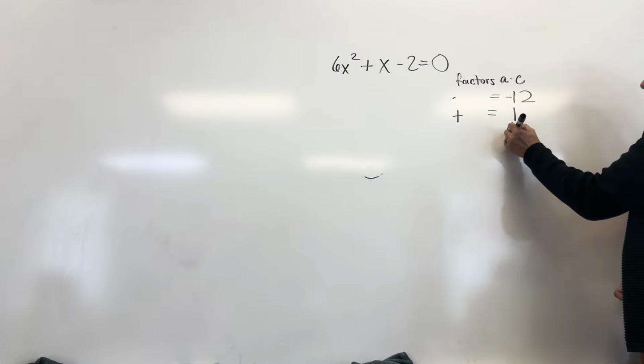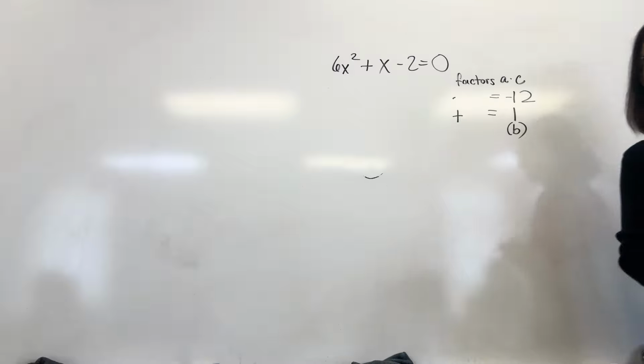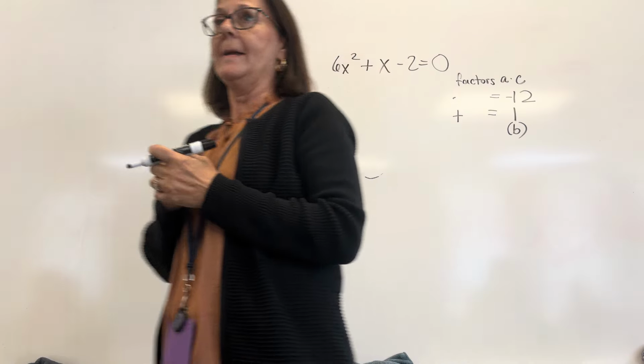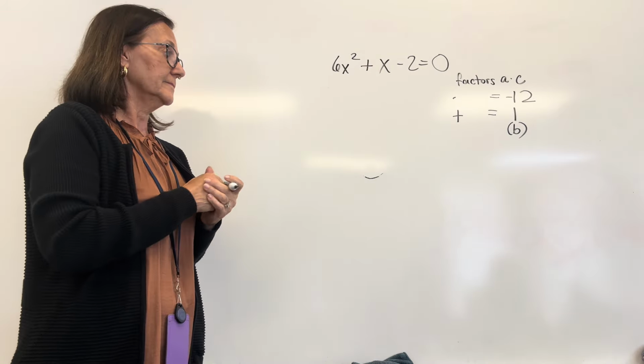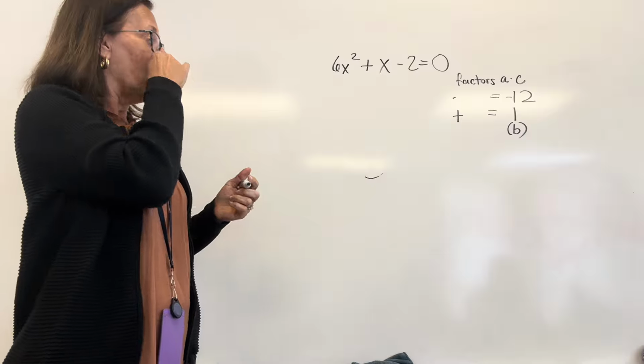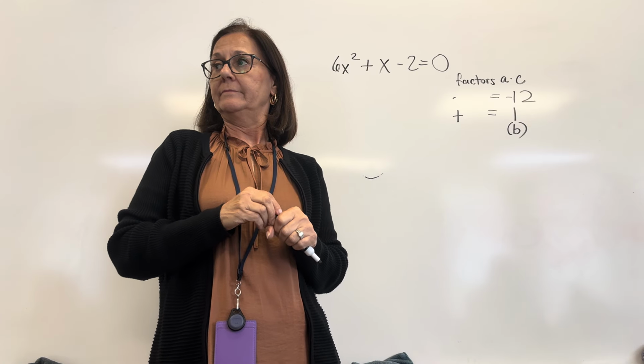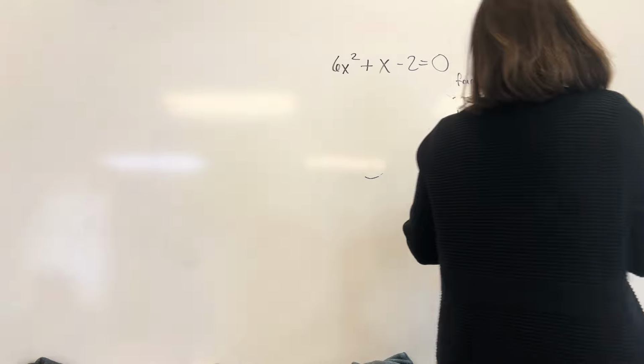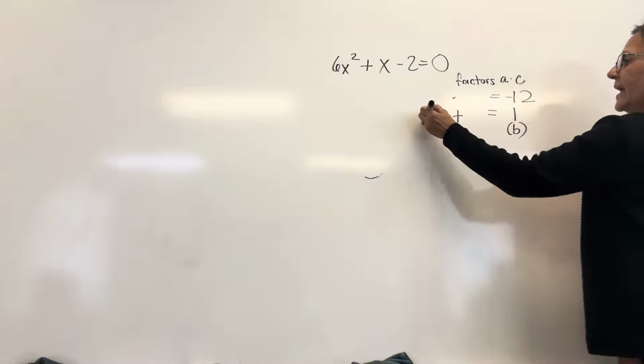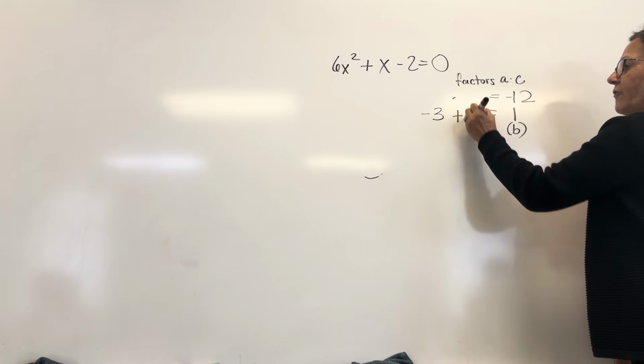So that's my b value. All right? What are factors of negative 12 such that we add them, the result is 1? So it's negative 3, positive 4.